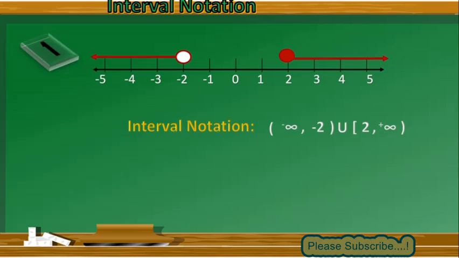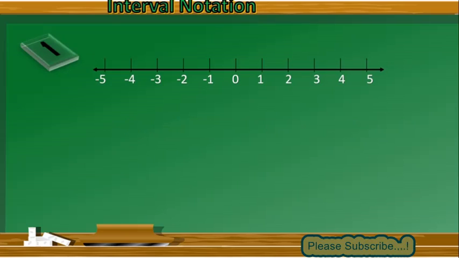Okay, the last problem is this one. From that point going to that point, then from this point to infinity. How do we write the interval notation for that? First, we write an open parenthesis, because that point is an open circle.